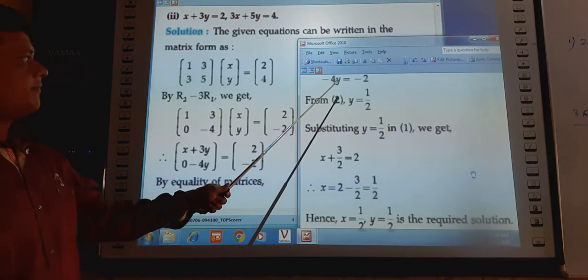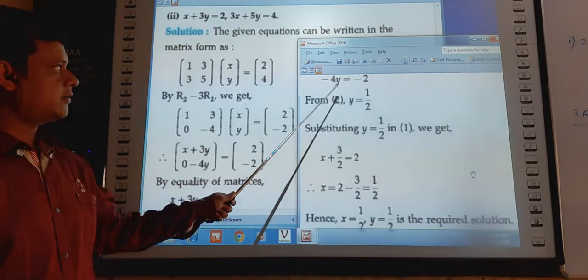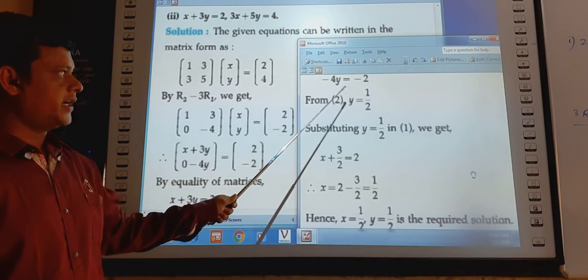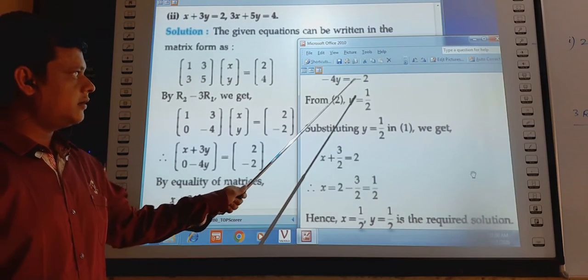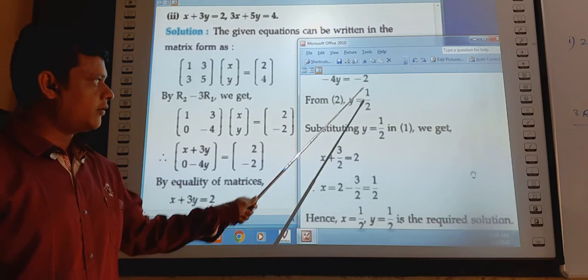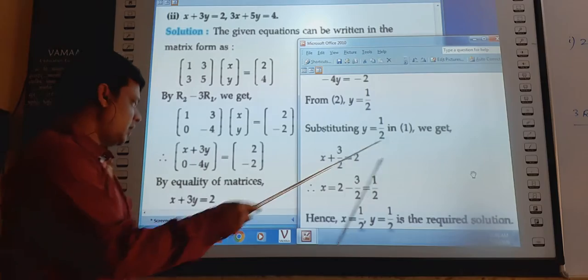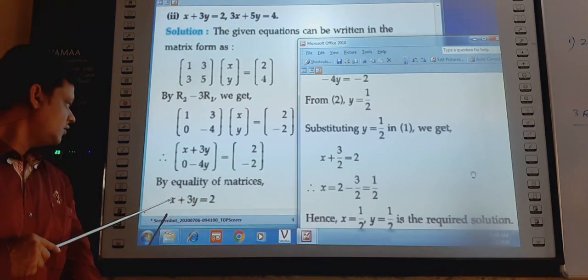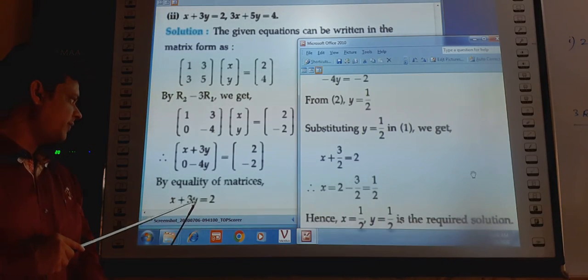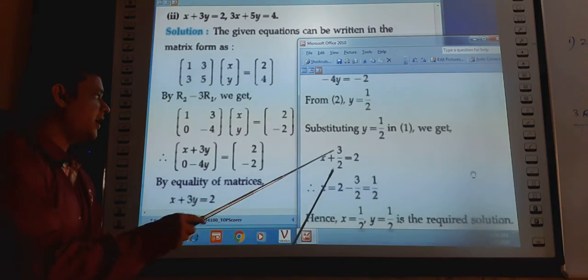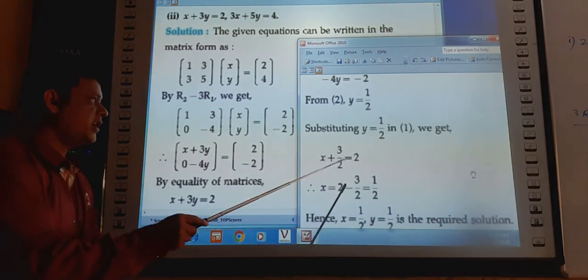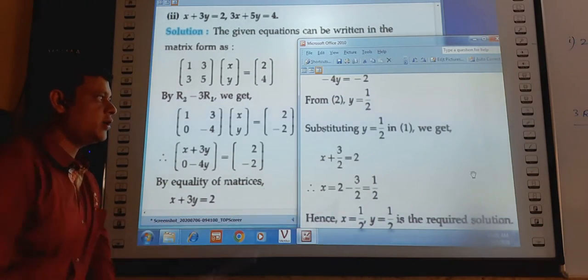After solving it, cancelling the minus sign on both sides, and dividing 2 by 4, we get y equals 1 by 2. Substituting y equals 1 by 2 in equation 1, 3 into 1 by 2 is 3 by 2, so x plus 3 by 2 equals 2.